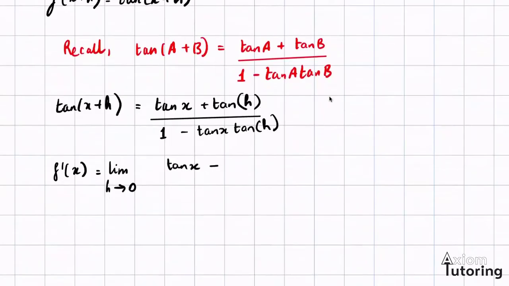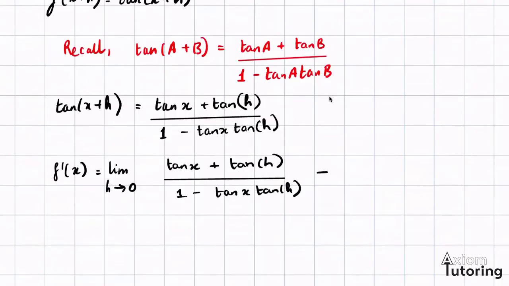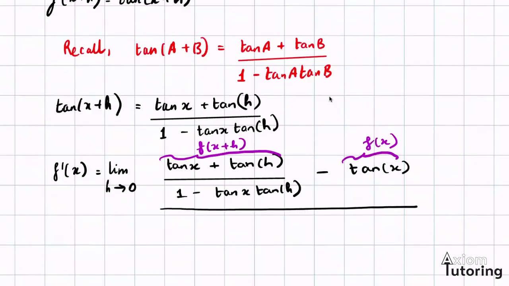So tan x plus tan h over 1 minus tan x tan h minus tan of x, which is our f of x. Label it clearly here. This is for f of x plus h, and this is our f of x. And that is all over h.